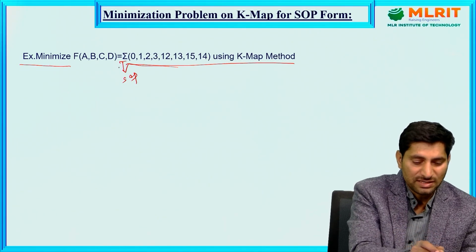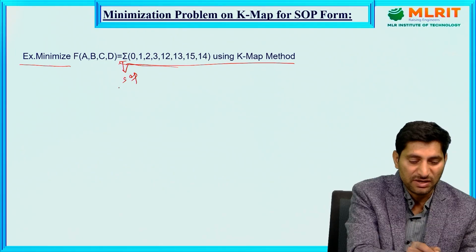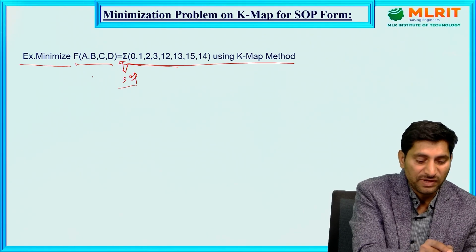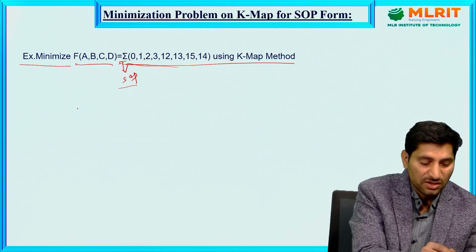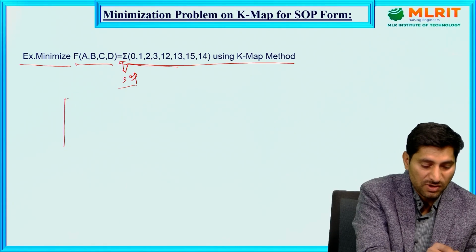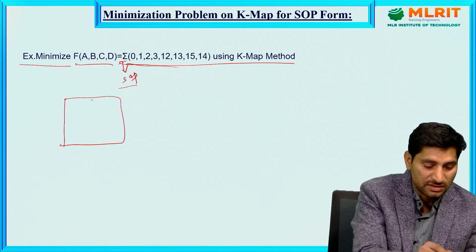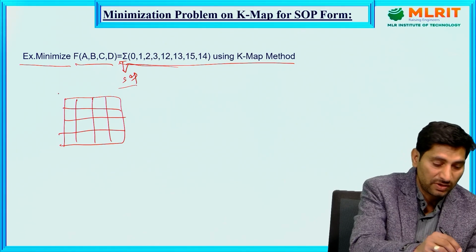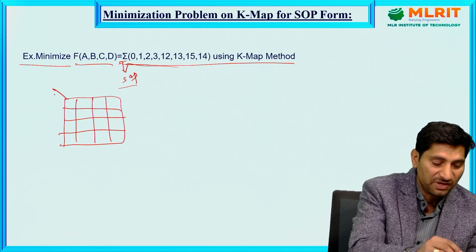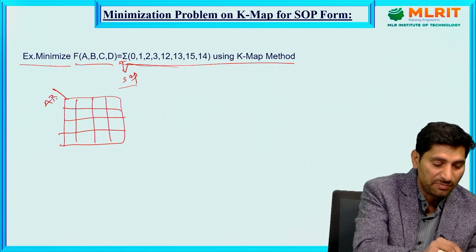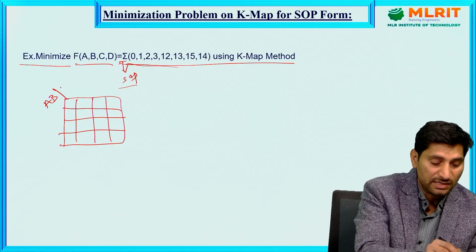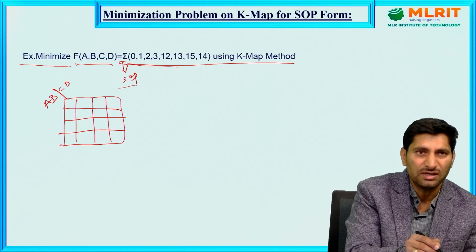Now let us see, this is an SOP function, so it is a 4 variable K-map. We need to draw a 4 variable K-map like this, then mark the terms given. Here variables are given as AB, so I'll take AB for denoting rows and CD for columns.